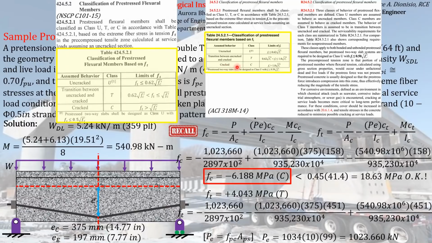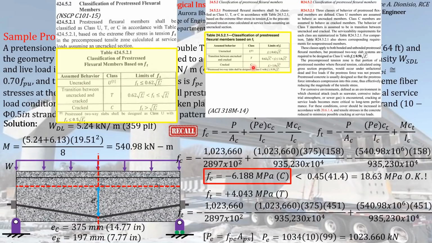The code states that we have to maintain the concrete from being cracked. So therefore, we must not let it crack, or in other words, we must not let it experience a tensile stress equal to square root of fc prime. That will be our limiting value for the maximum tensile stress that the concrete element can experience at service loads.